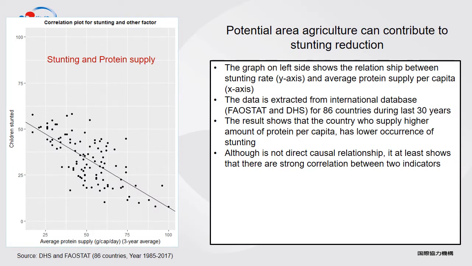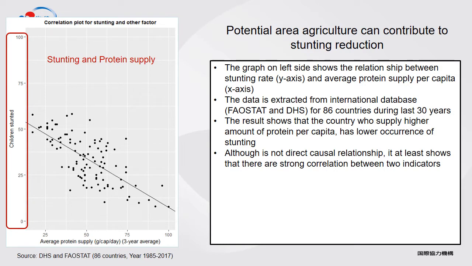This slide shows potential area which agriculture can contribute to stunting reduction. The graph indicates a relationship between stunting and protein supply. The data is collected from DHS and FAOSTAT from 86 countries between year 1985 to 2017.